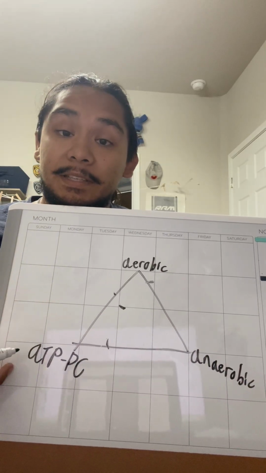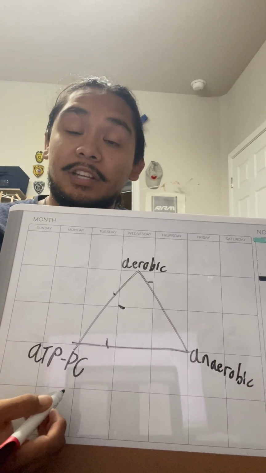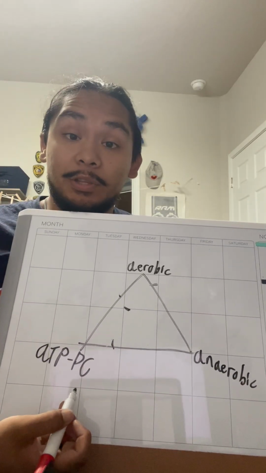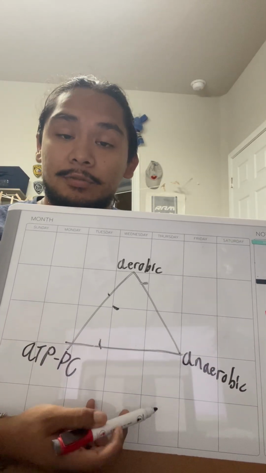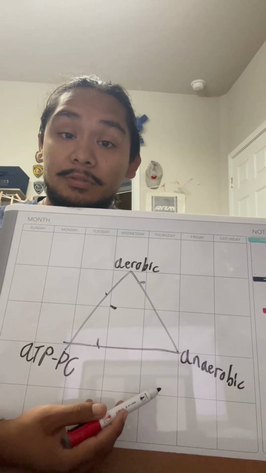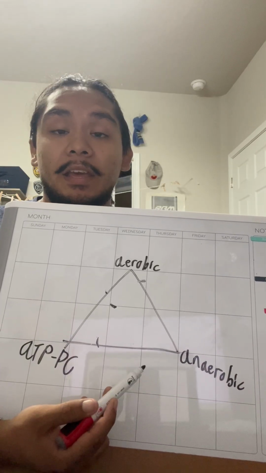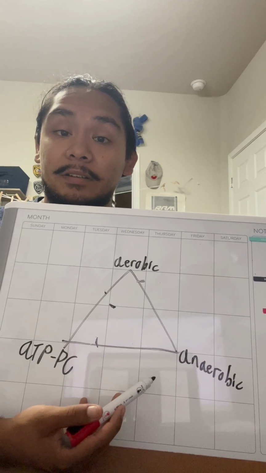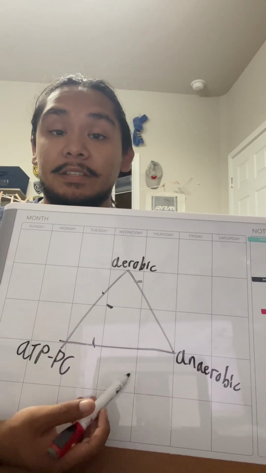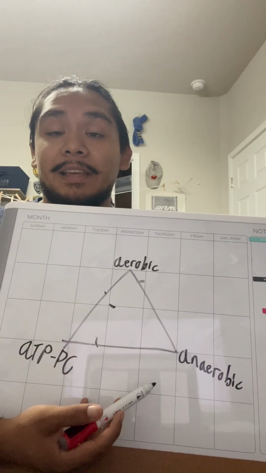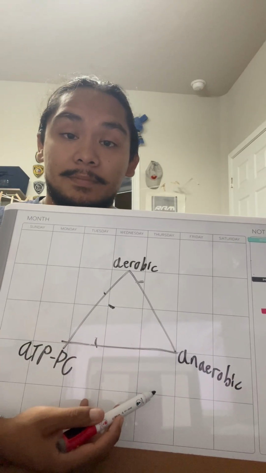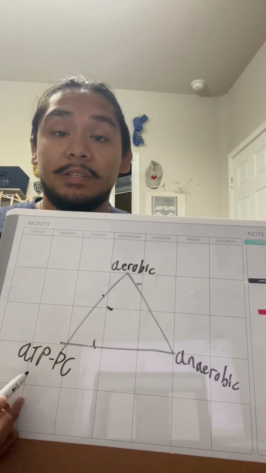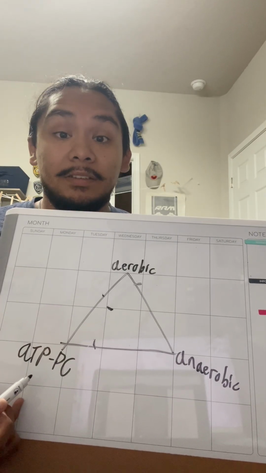The ATP-PC is the energy that's already within our muscles, and the anaerobic is the energy that we can quickly create at the cost of efficiency for prolonged intense activities such as lifting, sprinting, that lasts longer than 10 seconds but less than 2 minutes. This one goes all the way up to 10 seconds, and again, is always active at the start of movements and especially active during explosive movements.